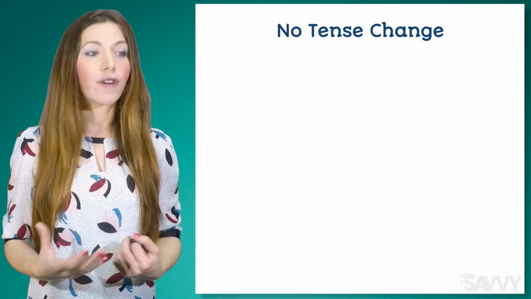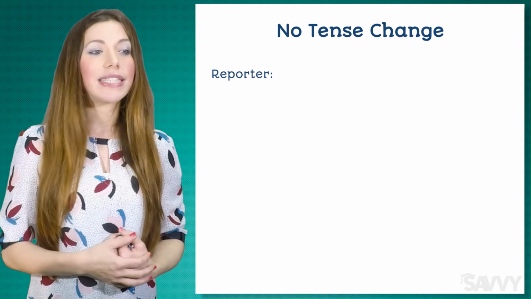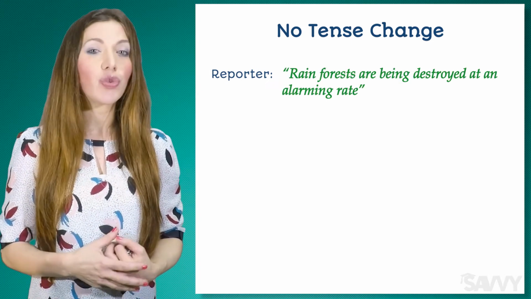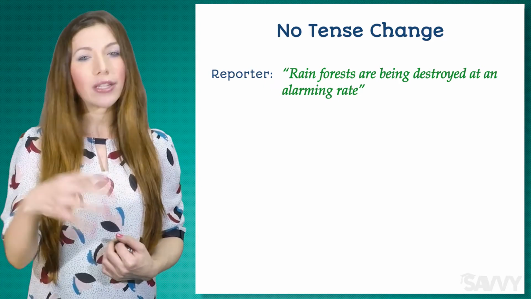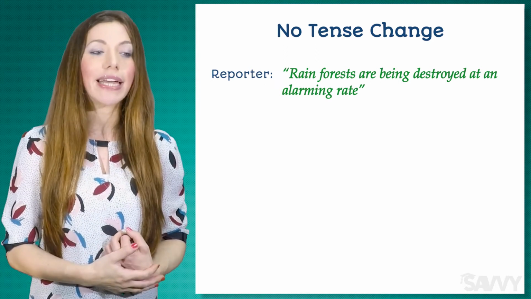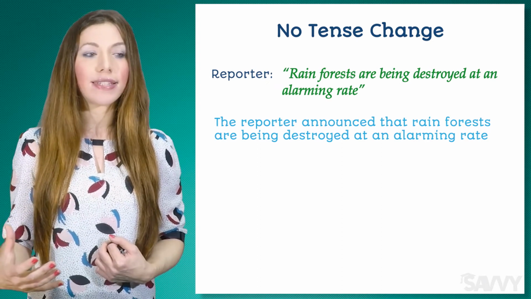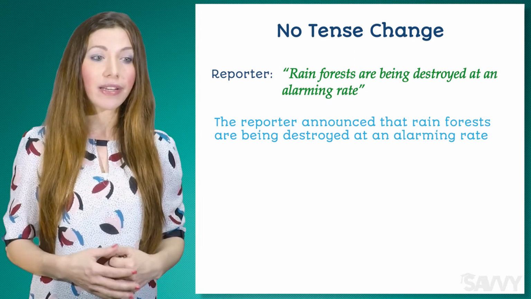These are cases where a situation is still true in the present. For example, the reporter on the news yesterday said that rainforests are being destroyed at an alarming rate. If we had to report that using reported speech, we could say the reporter announced that rainforests are being destroyed at an alarming rate.